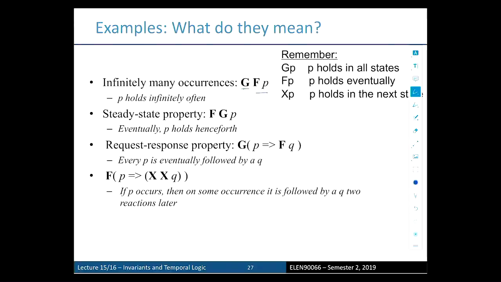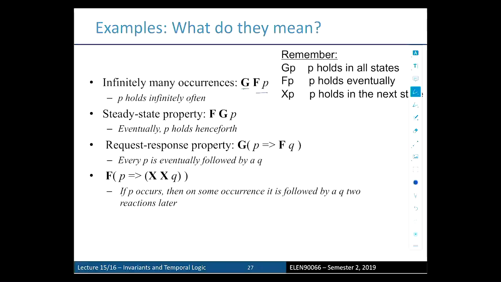That's how we describe the steady state behavior of the system. We are controlling something, we want it to track a set point. Eventually always we want to satisfy tracking that set point. So that's the steady state behavior in the language of temporal logic.